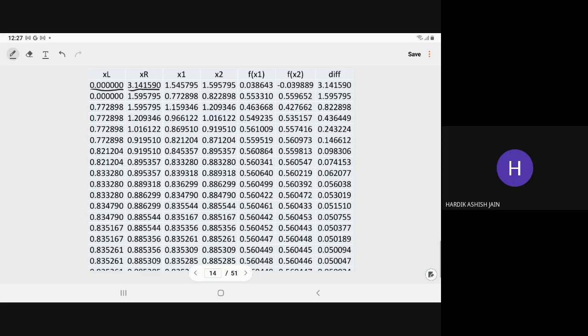And x2 is 1 by 2 (xl plus xr plus delta), that will give you 1.595795. If you have a calculator, please calculate yourself and verify.